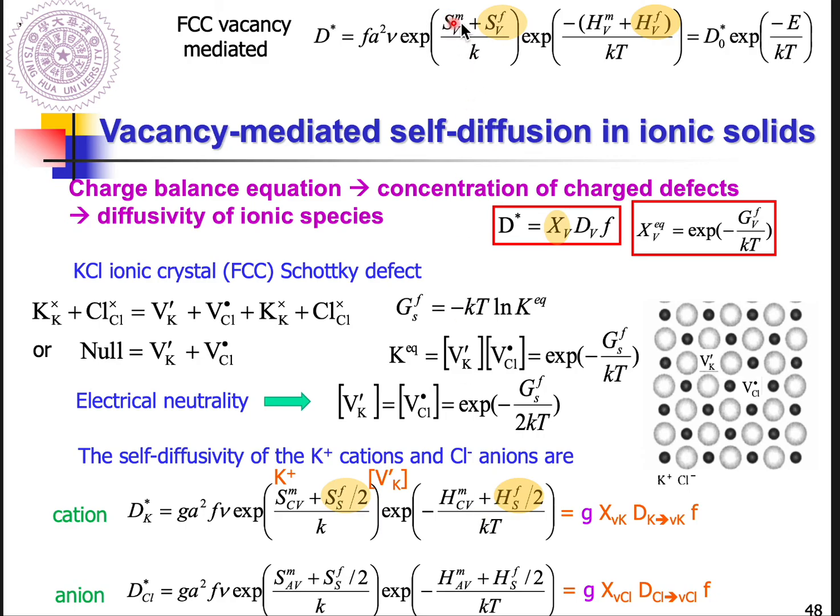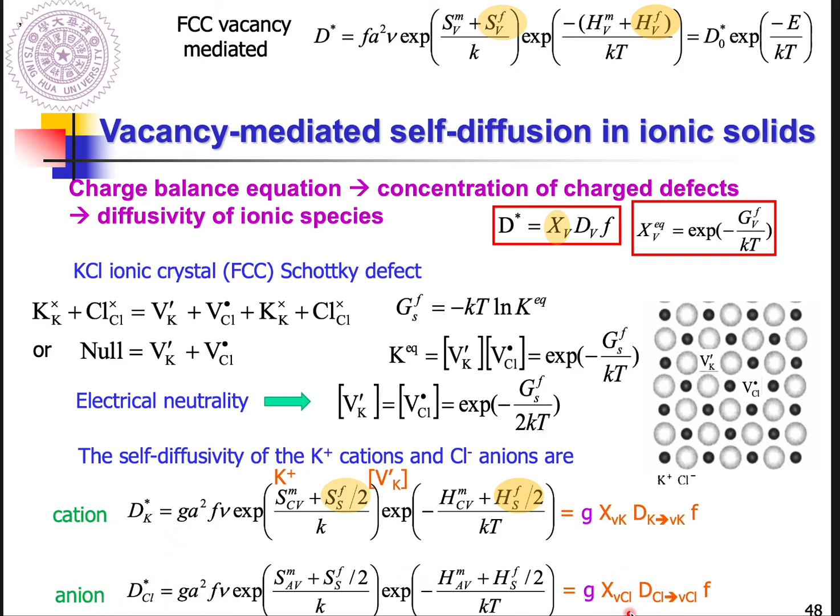So it's similar, right? It's a formation energy. But the vacancy one in the metal part is actually a vacancy formation energy, and here we use the Schottky defect formation energy and the migration energy, and you just copy the parameters here. And as we mentioned, this ionic material is double FCC, so some correlation factor or some diffusion mechanism, the jumping process, is slightly different, so we put the G here to modify it. And talk about the anion part, it's the same thing, right?